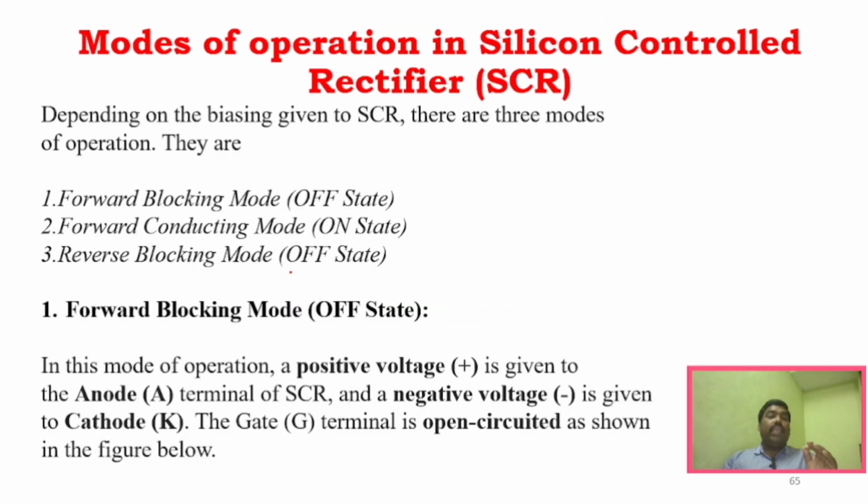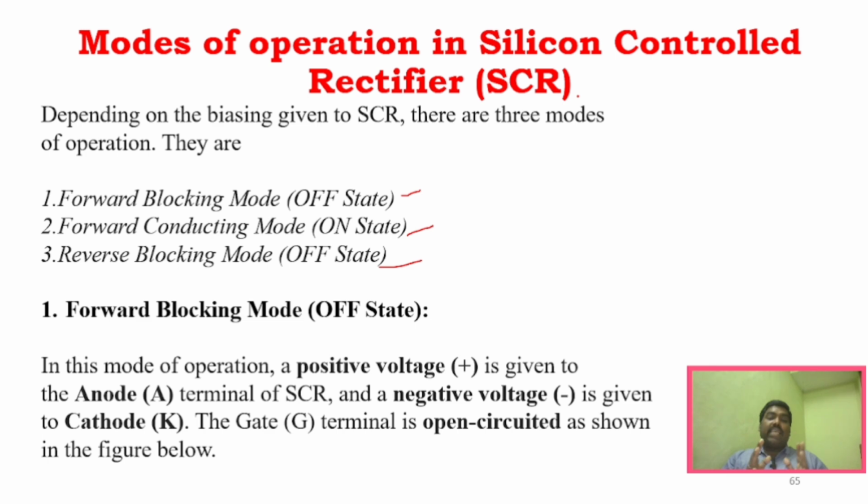Coming to the working modes, we have already seen it has three modes of operation: forward blocking mode, forward conducting mode and reverse blocking mode. In forward blocking mode it is an off state, in forward conducting mode it will be on state, and in reverse blocking mode it will be off state, right?